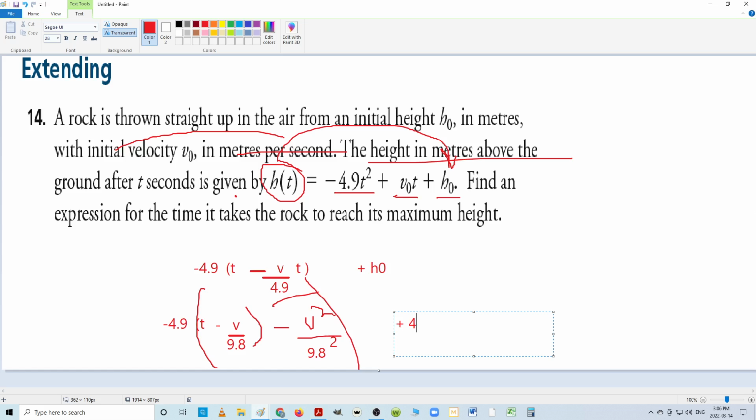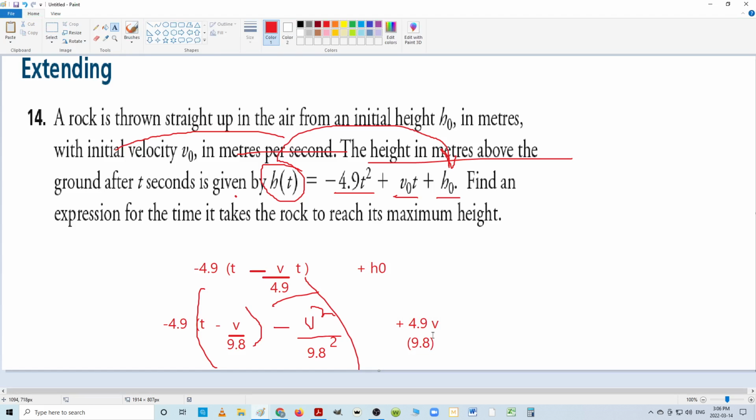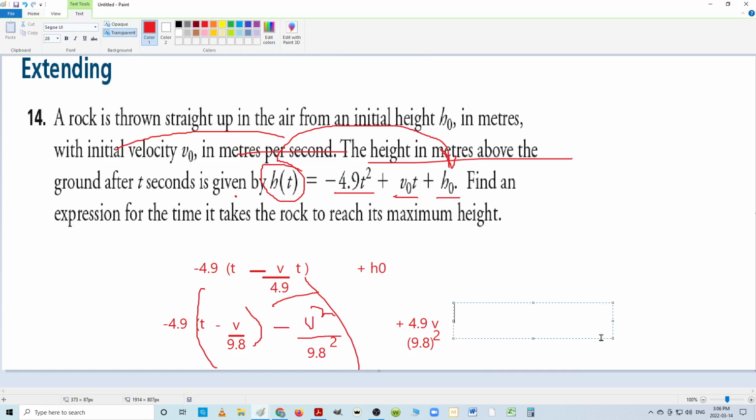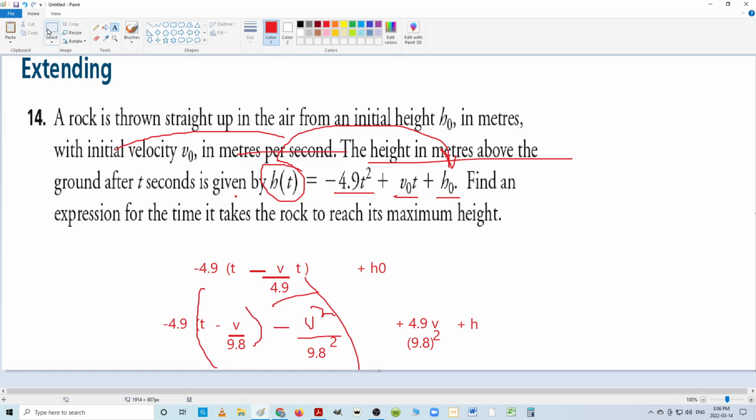So I'm going to get plus 4.9 times v squared divided by 9.8 squared, because nothing happened to it, plus height. And you're going to discover these are all going to be sort of physics questions.